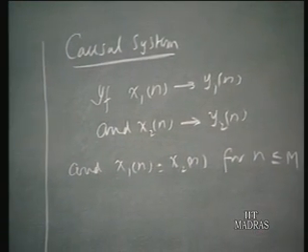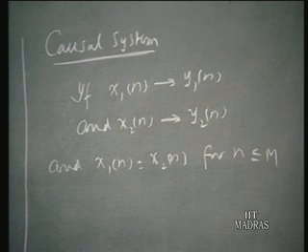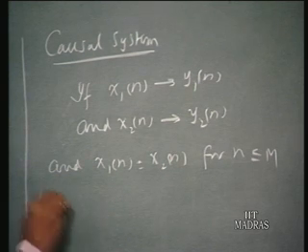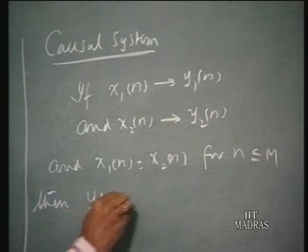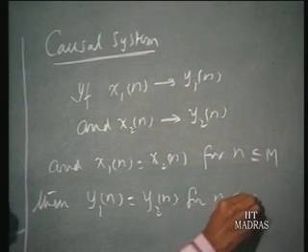That means we have two signals which are identical up to the mth sampling instant. Then a system is causal if we can say that y1 of n is also equal to y2 of n for n less than or equal to m.